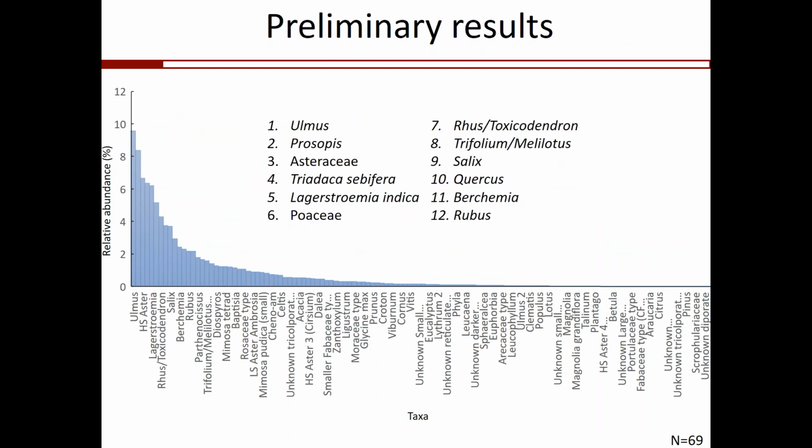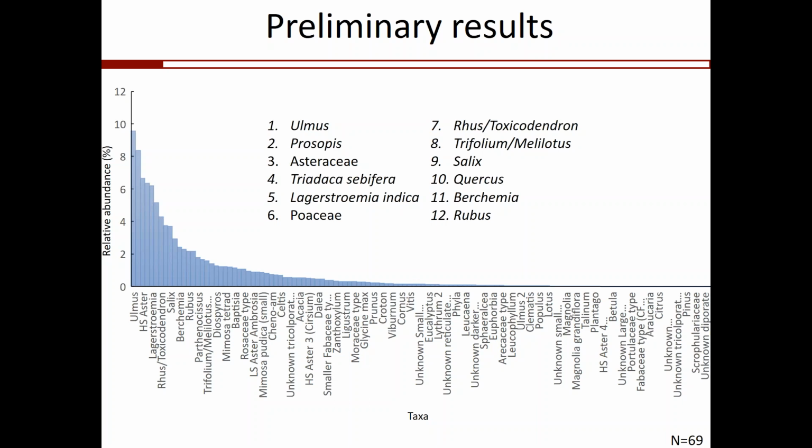This is a graph of breaking down all the taxa that we found in descending order. So we have the relative abundance of the pollen type that was found throughout the entire state of Texas, and on the x-axis you have the taxa. Throughout the entire state, the top plant that we found was actually sweet elm. That was the top pollen that we found in honey.